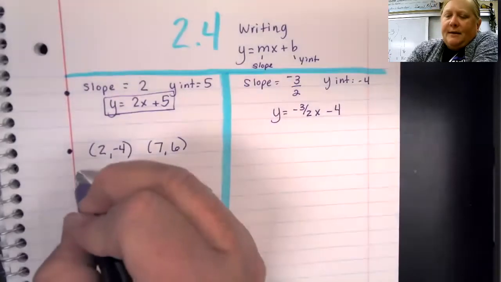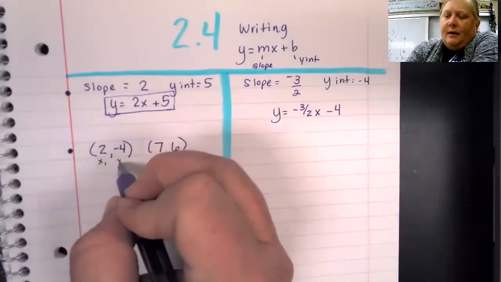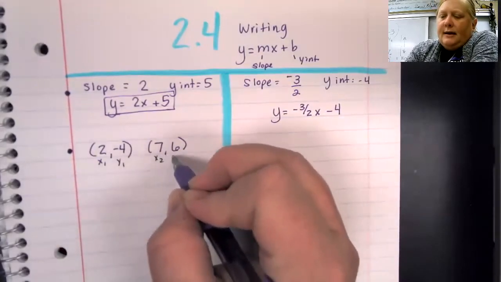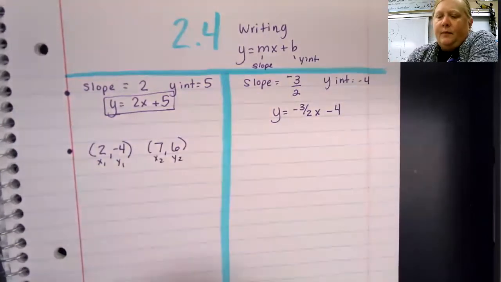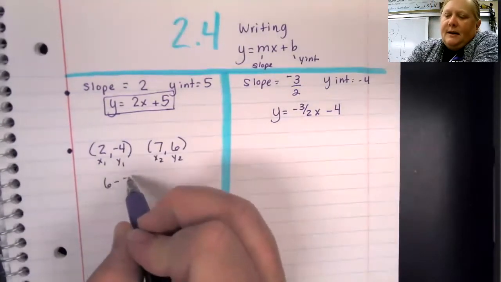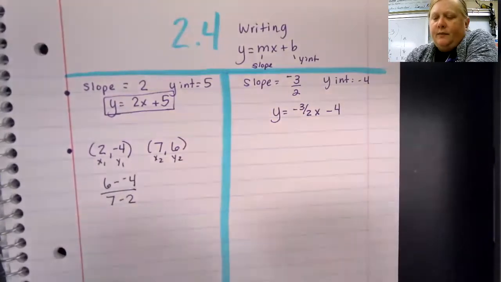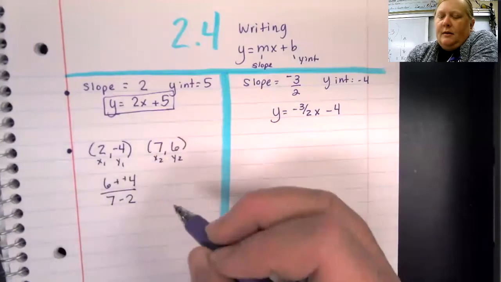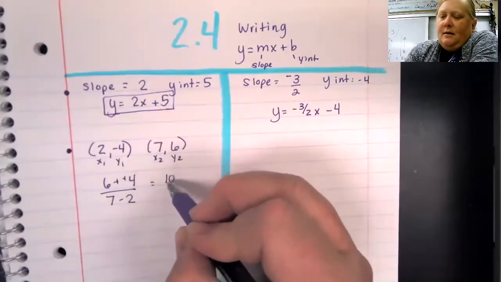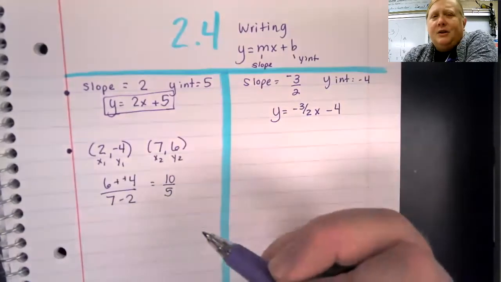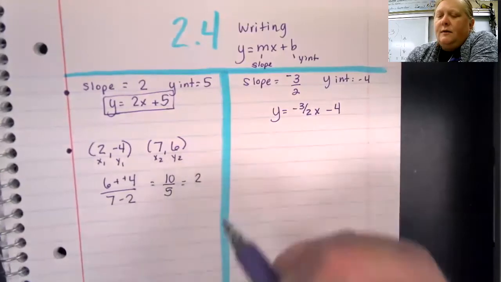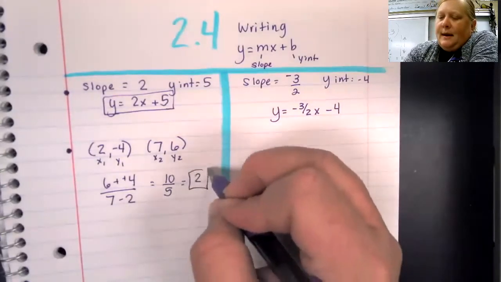I have to find my slope. Well, that's easy. You know how to do that. x2, y2, okay? So 6 minus a -4 all over 7 minus 2, and that becomes 10 over 5. Now, should I reduce that? Yeah, you should. It's 2. That is my slope.